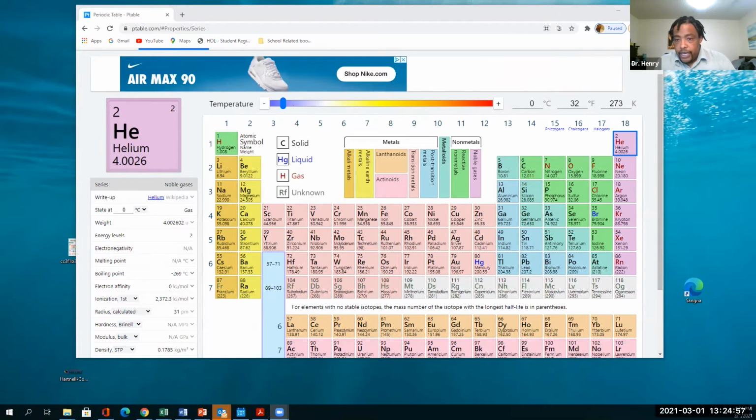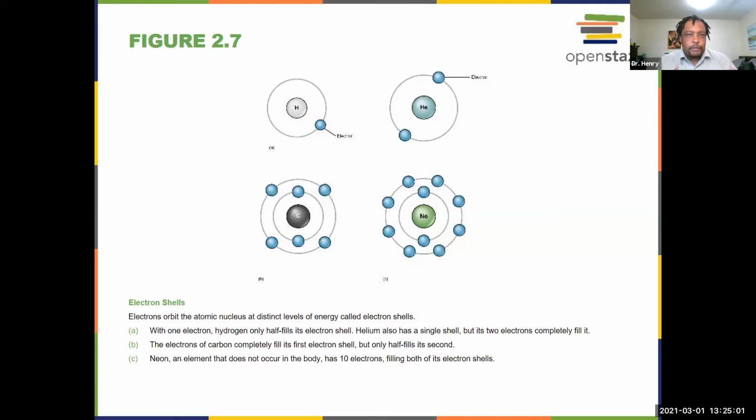Let me show you again that little figure that we had. I'm going to go back and forth between the periodic table and this. This is basically showing you the outer shell. This is the electron. Hydrogen isn't a noble gas. It wants to be like helium, which is a noble gas. Helium has 2 electrons, so hydrogen wants to get 1 more electron to be like helium. Carbon has 6 electrons around it. Neon has 8 electrons around it.